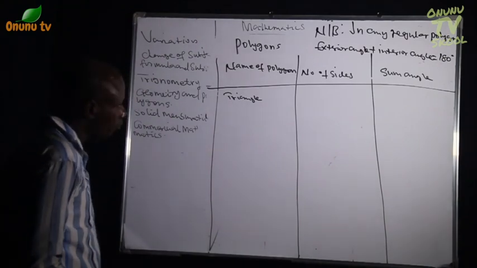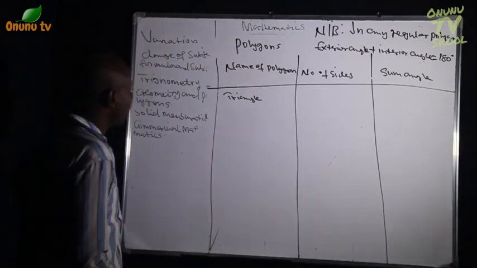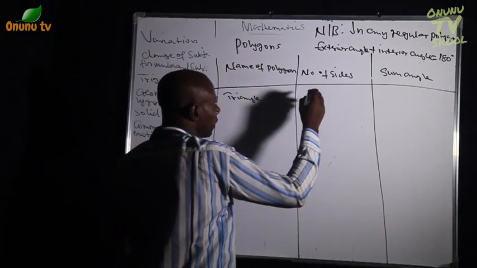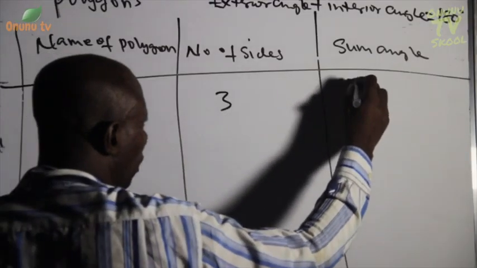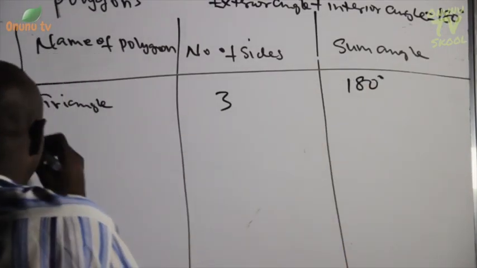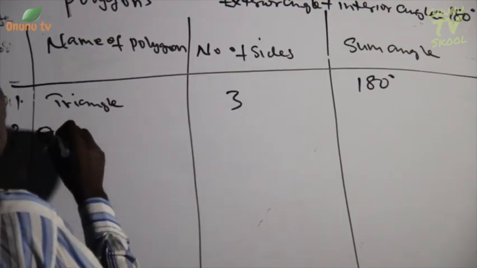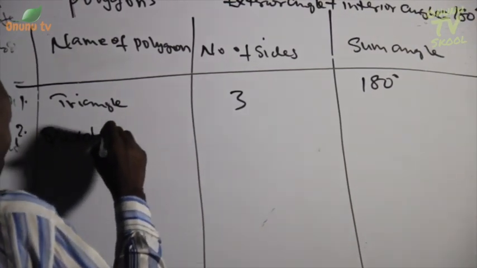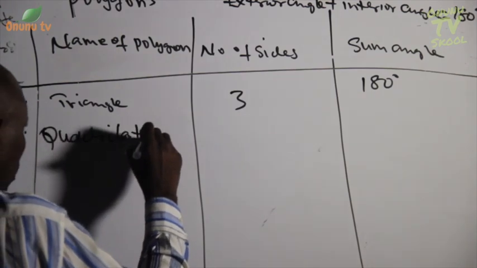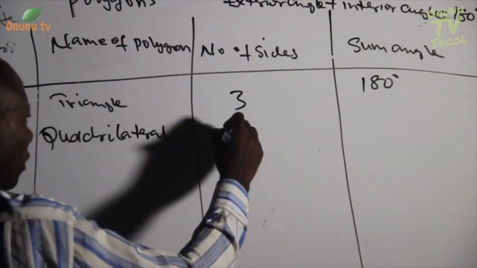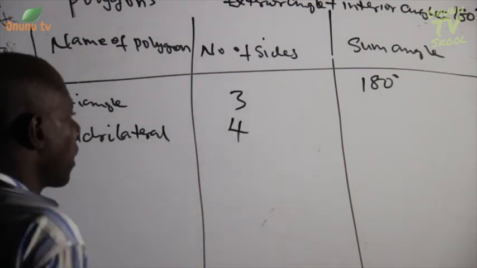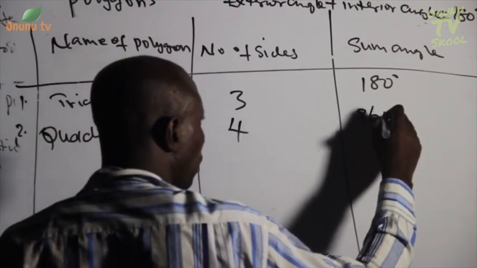Now, let's look at triangle. What is the number of sides? 3 sides. What is the sum angle? 180 degrees. Number 2 kind of polygon is quadrilateral. Number of sides is 4. Sum angle is 360 degrees.